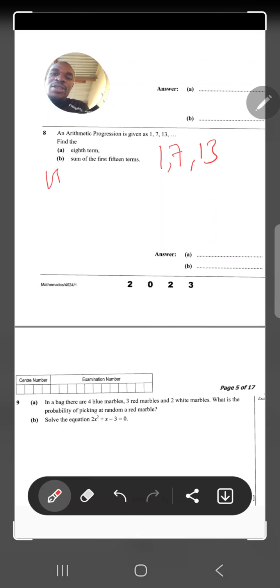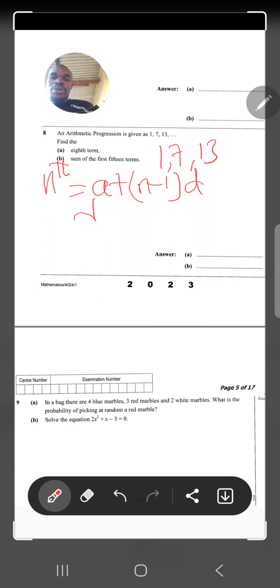So the nth term formula: nth term is equal to a plus (n minus 1) times d. We need to find d, which represents the common difference.